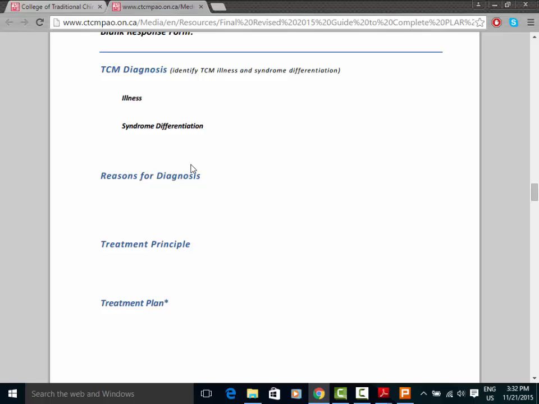That would be a TCM diagnosis. But both parts, the illness or disease, I think that they want us to use illness because disease is biomedical in nature. If you say a disease diagnosis, that's why we use illness, as far as I know. And then syndrome differentiation, of course, are the patterns.